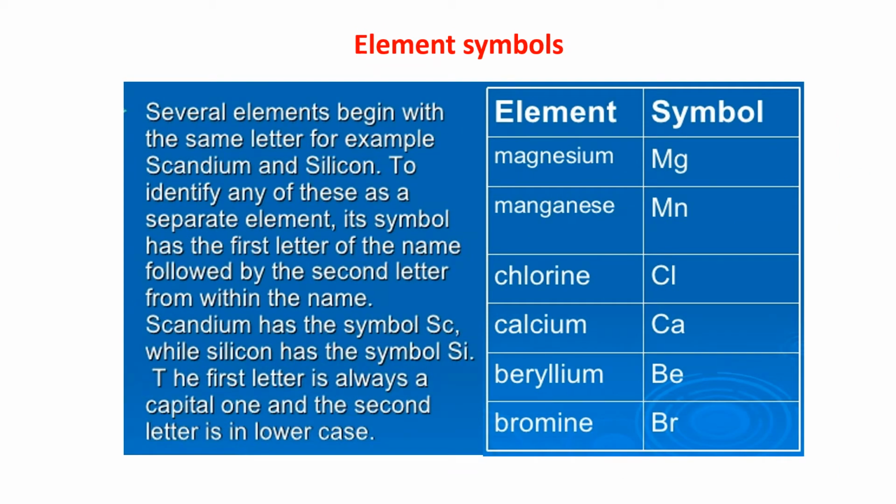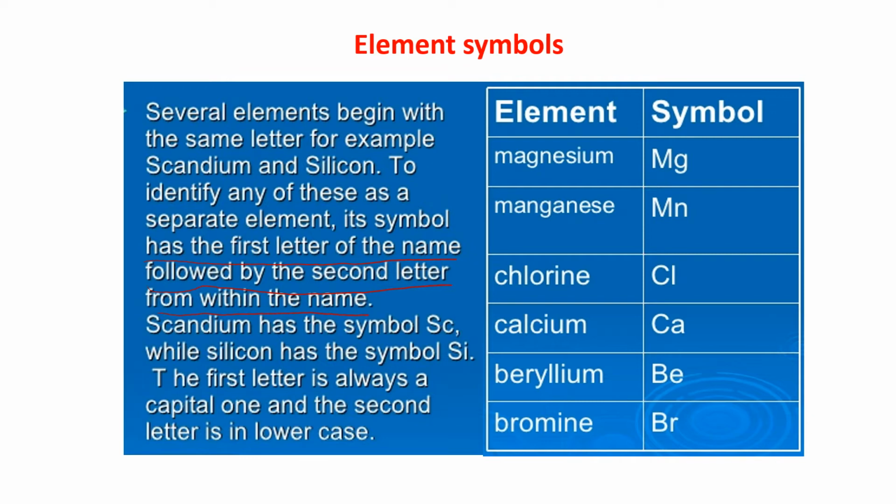Several elements begin with the same letter, for example, scandium and silicon. To identify any of these as a separate element, its symbol has the first letter of the name followed by the second letter from within the name.